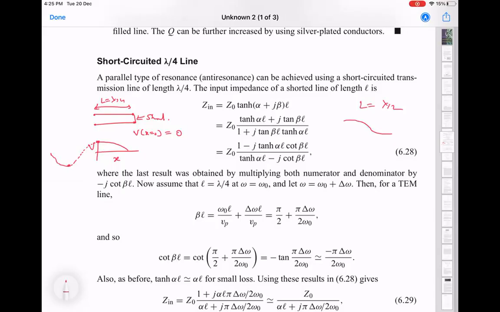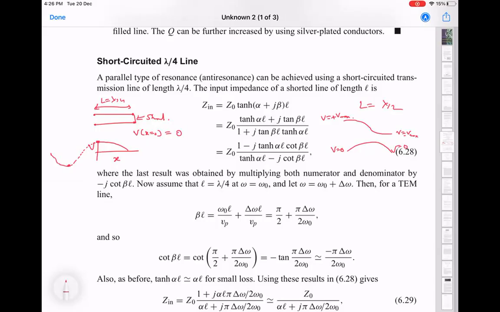Or if both the ends were short circuited, then your voltage wave will look like this. So V equal to 0 here, V equal to 0 here, and this is V equal to minus V max and plus V max. So that's how you will decide the length.